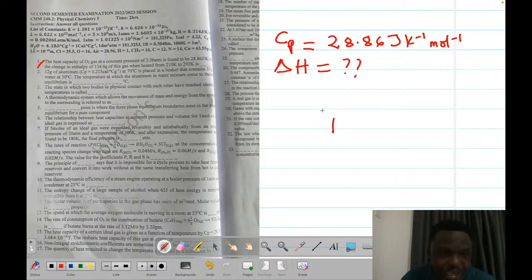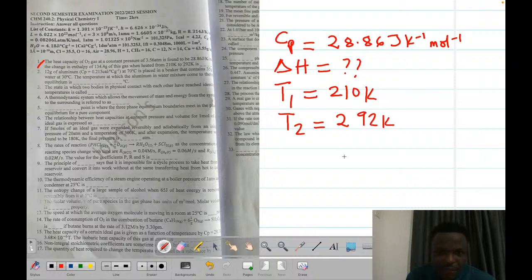They said the change in enthalpy of 134.4 grams of this gas when heated. Now, T1 is 210 Kelvin, and T2 is 292 Kelvin.